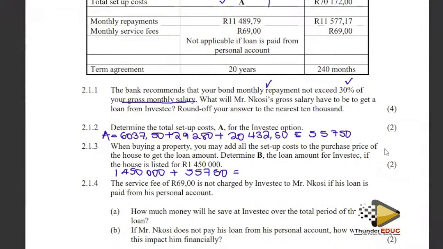Let's look at that. $1,505,750. That's the money that we have there.